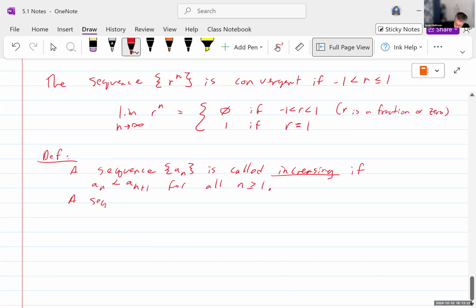A sequence a sub n is called decreasing if a sub n is greater than a sub n plus 1 for all n greater than or equal to 1. So if the previous term is bigger than the next term, or the next term is smaller than the previous term, and that's always the case, then the sequence is going down and it's decreasing.